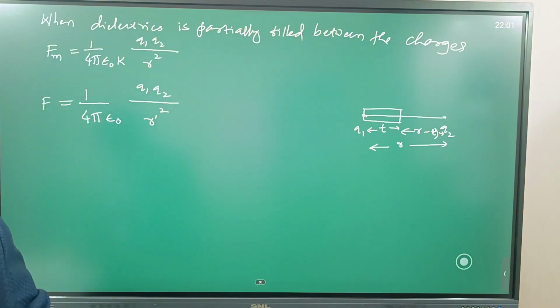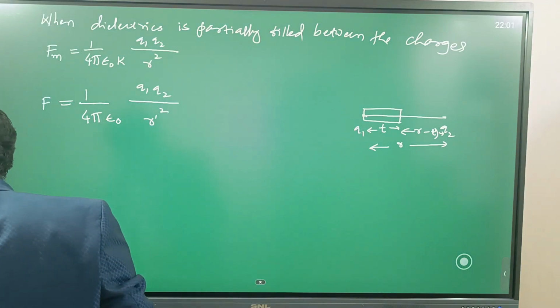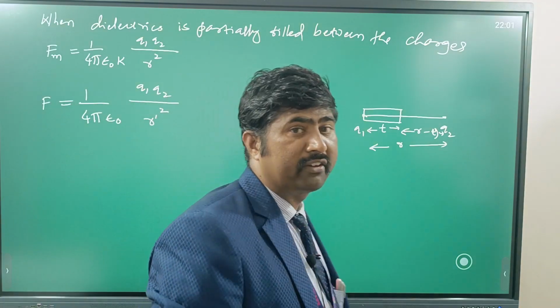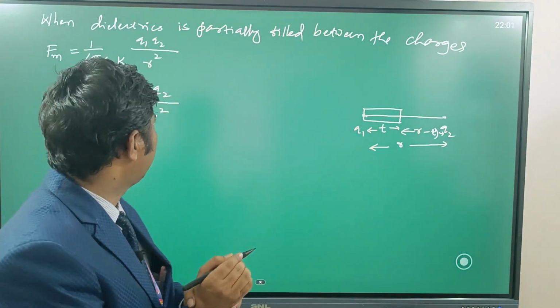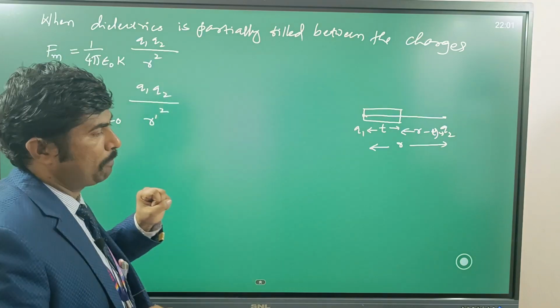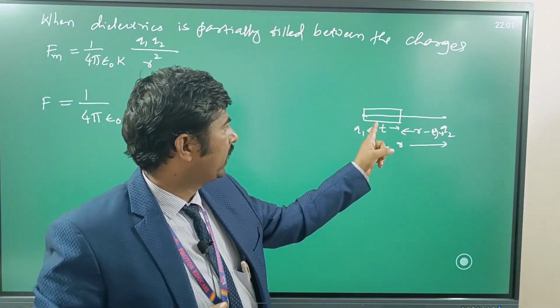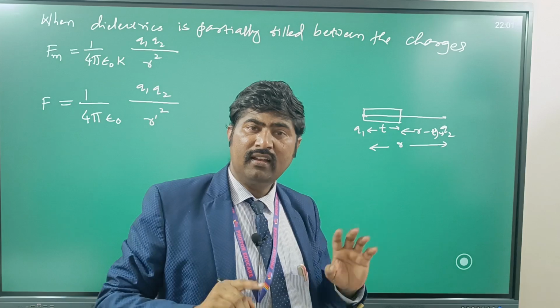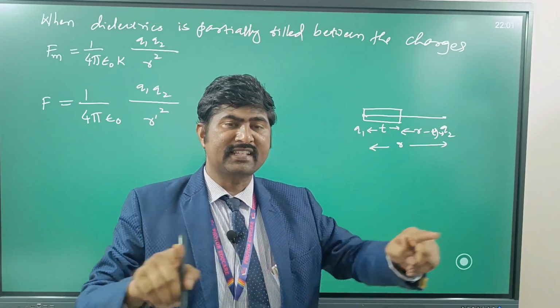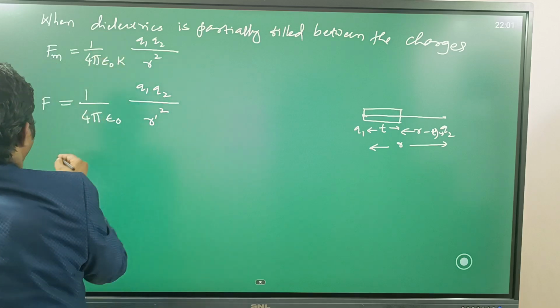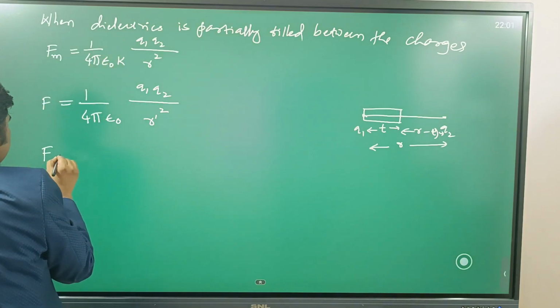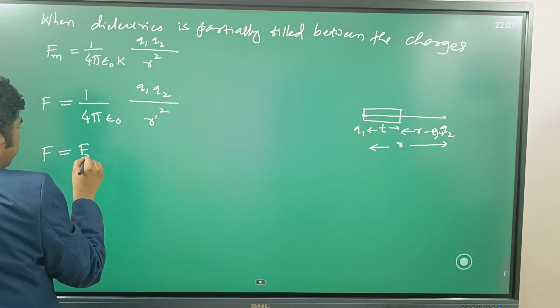This is the force after the removal of the dielectric. Now what will happen in these two cases? In case 1 we are introducing the dielectric, and in case 2 we are increasing the distance between the charges. By doing so, these two forces will become equal, that is, F is equal to Fm.